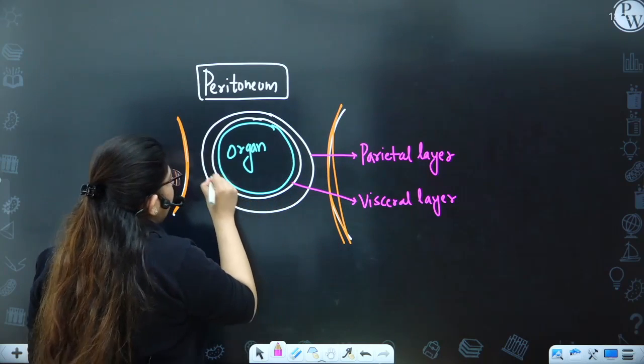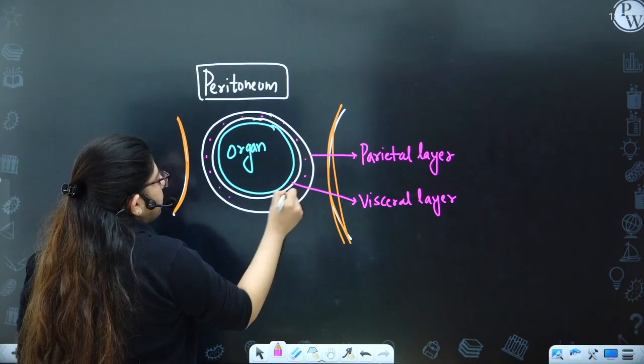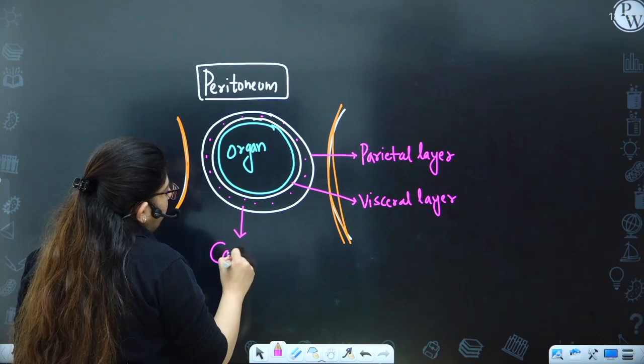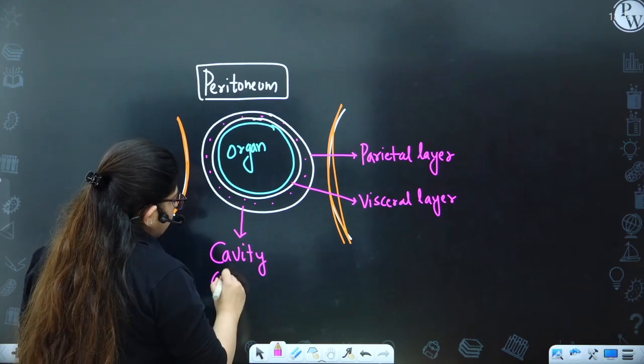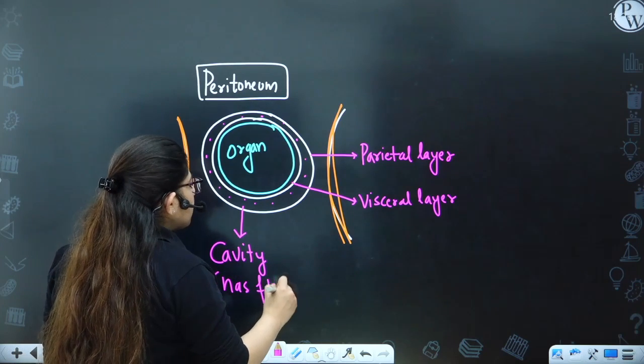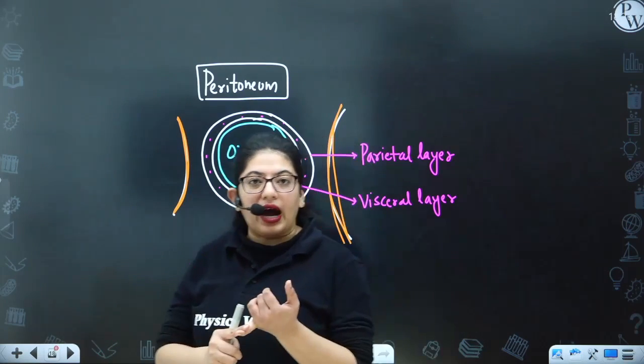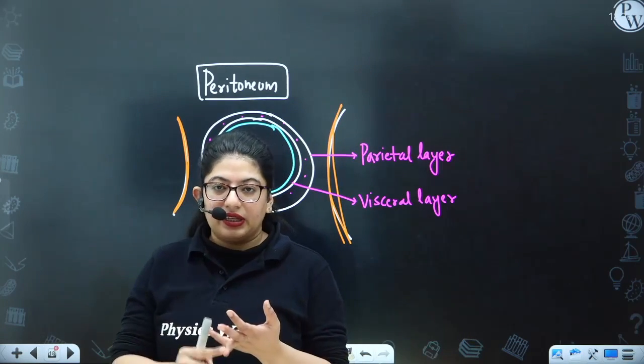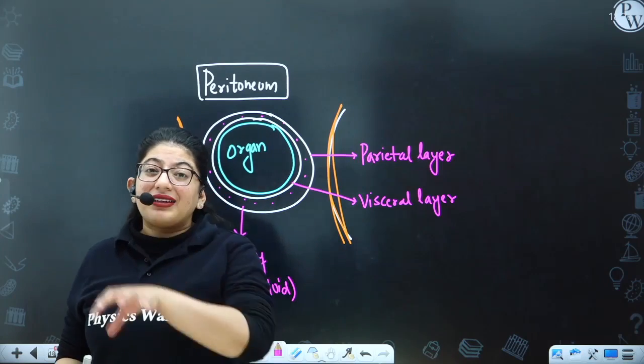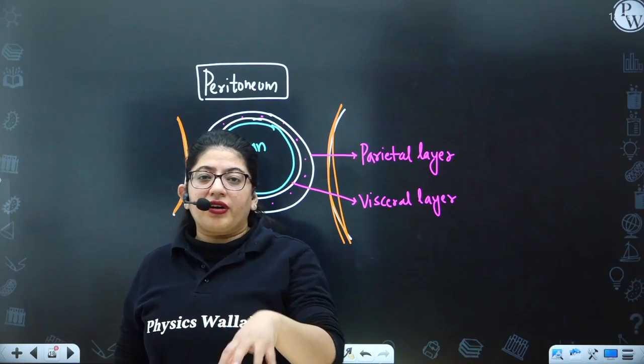Inside there is a cavity filled with fluid. It has fluid. This peritoneum is present around your major organs, like your heart, like your lungs, like your intestine. But the name in different organs is different.